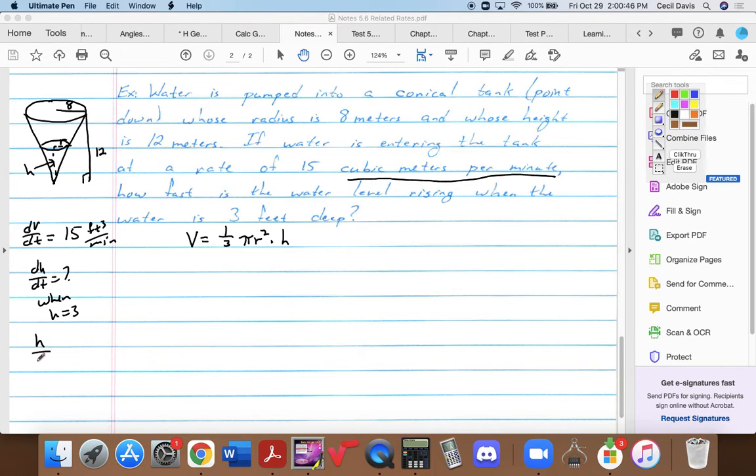So h is to r as 12 is to 8, which is 3 to 2. So the height is 3/2 of the radius at all times. So I'm going to substitute that in and simplify. And that's going to give me 1/2 pi r cubed is the volume.